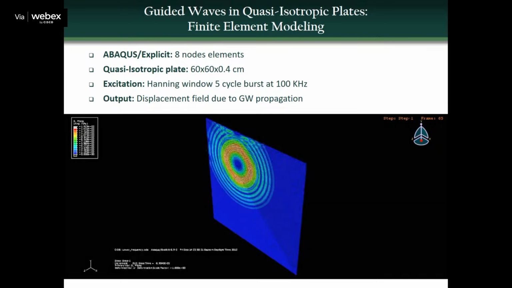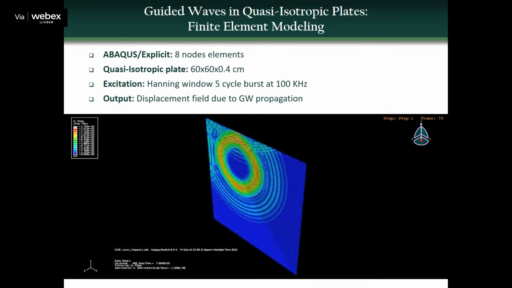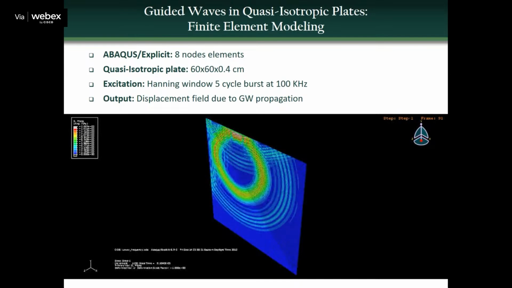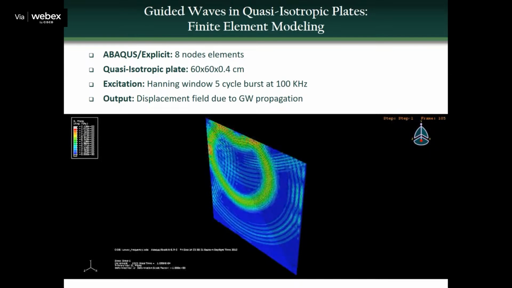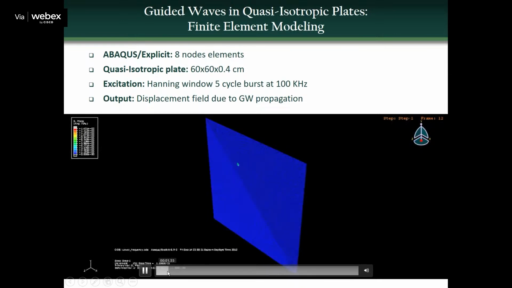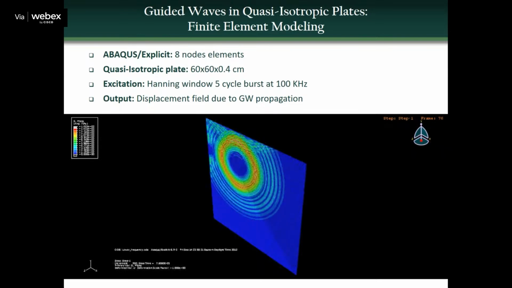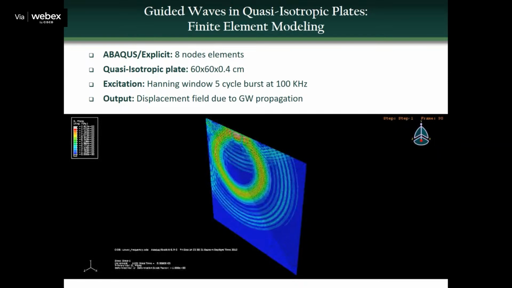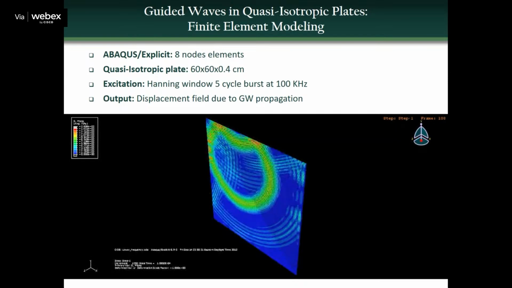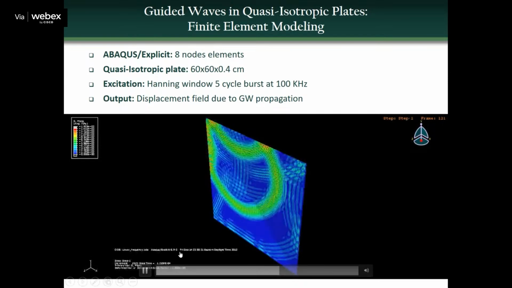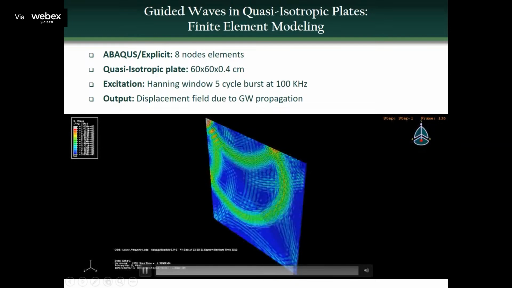The Hanning window is something similar to a cosine. Okay, so it's actually a Hanning profile 5-cycle burst with a center frequency at 100 kilohertz. So you can see the simulation of those waves propagating, and the displacement field is being shown here.